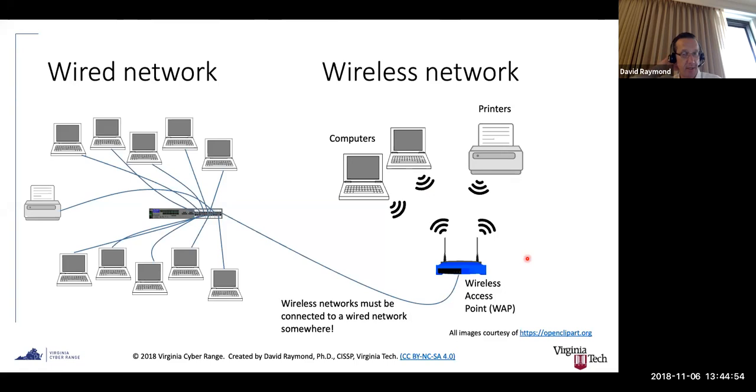So a wireless access point, the Wi-Fi protocol, IEEE 802.11, is designed to support network connections of up to 100 meters in an outdoor area. So in perfect conditions, outdoor, no obstructions, it's supposed to be able to connect to a device 100 meters away.